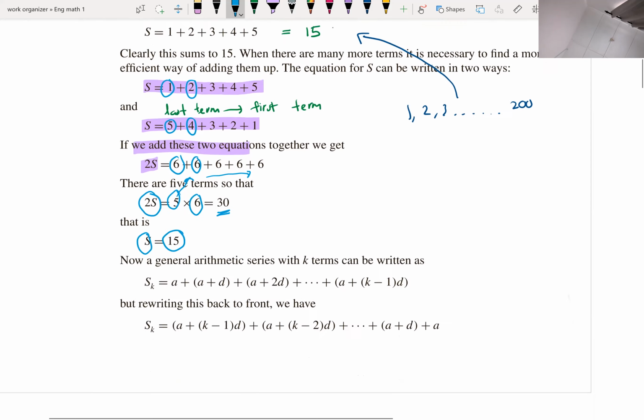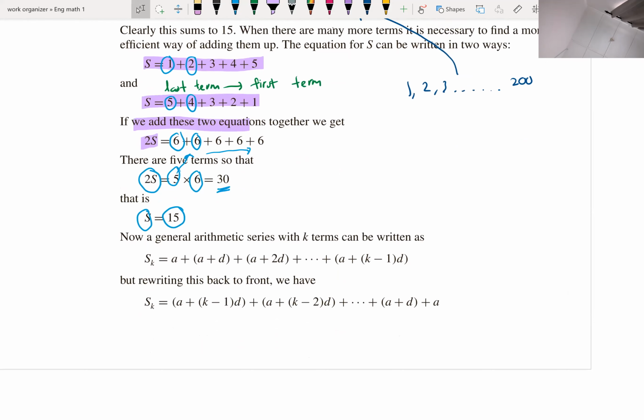So what we have to do is add in the correct order with the reverse order. Now we want to come up with the formula.